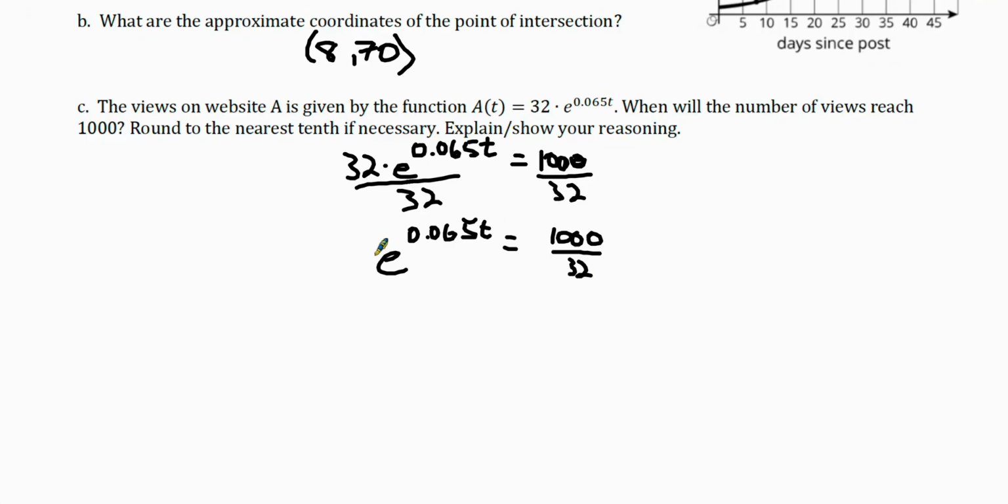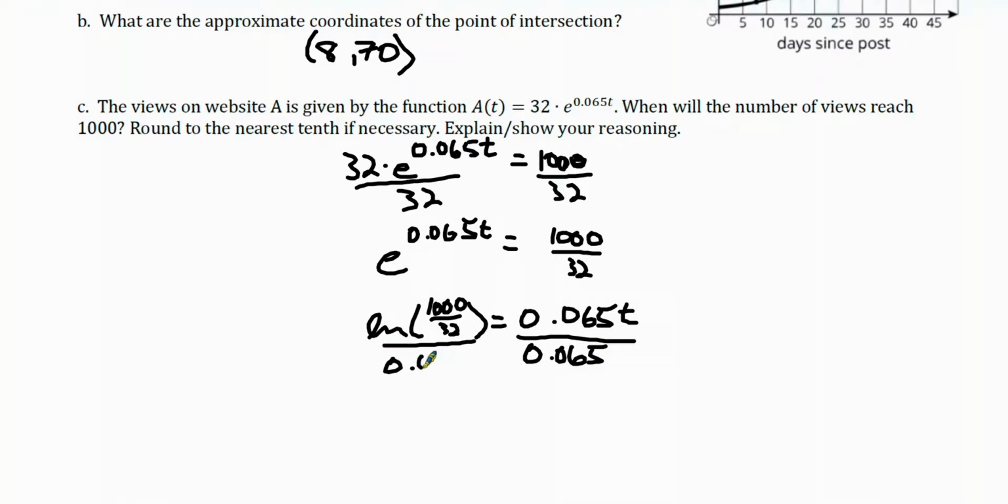Now I have the exponential by itself, so I can rewrite as a log. So log base e, or natural log of 1,000 over 32 equals my exponent, 0.065 t, and then one last step to get t by itself, divide both sides by 0.065. So this is what I want to put into the calculator.